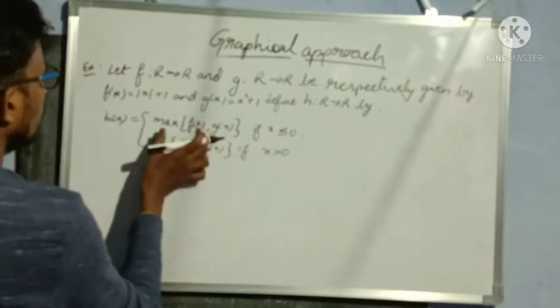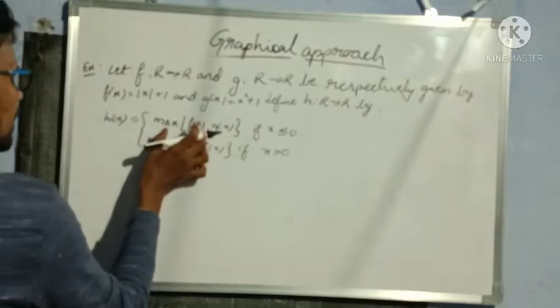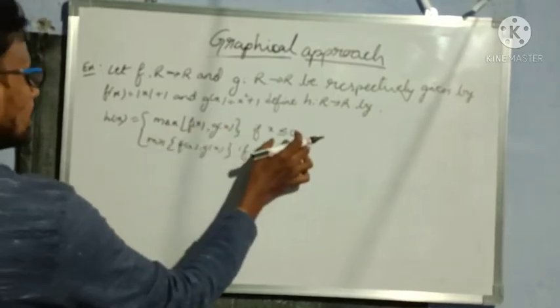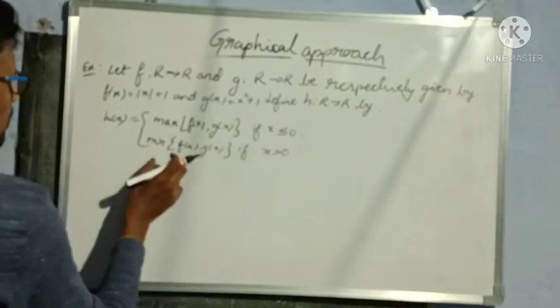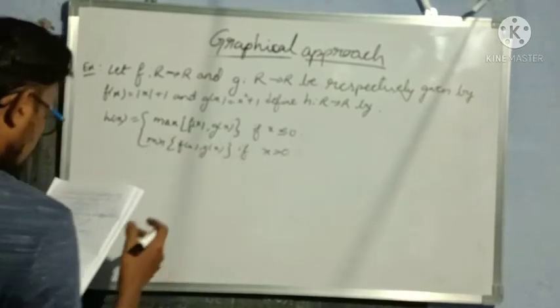If we have to find out maximum of f of x comma g of x if x less than or equal to 0 and minimum of f of x comma g of x if x greater than 0.